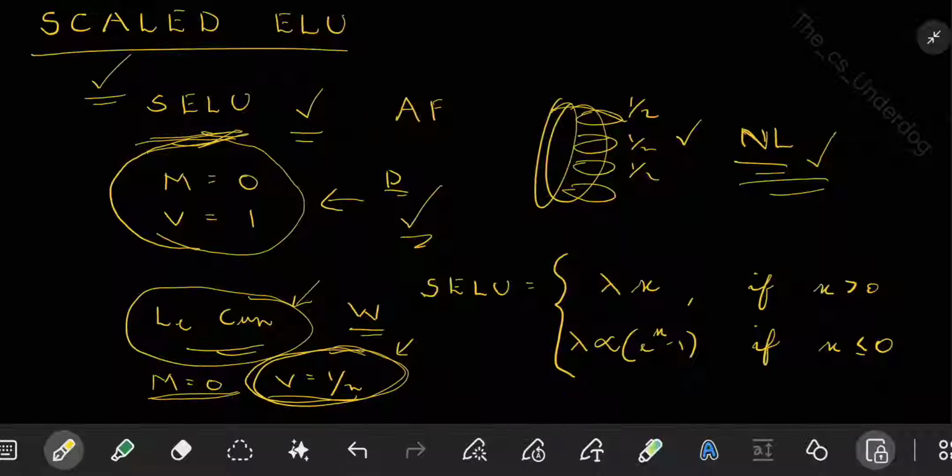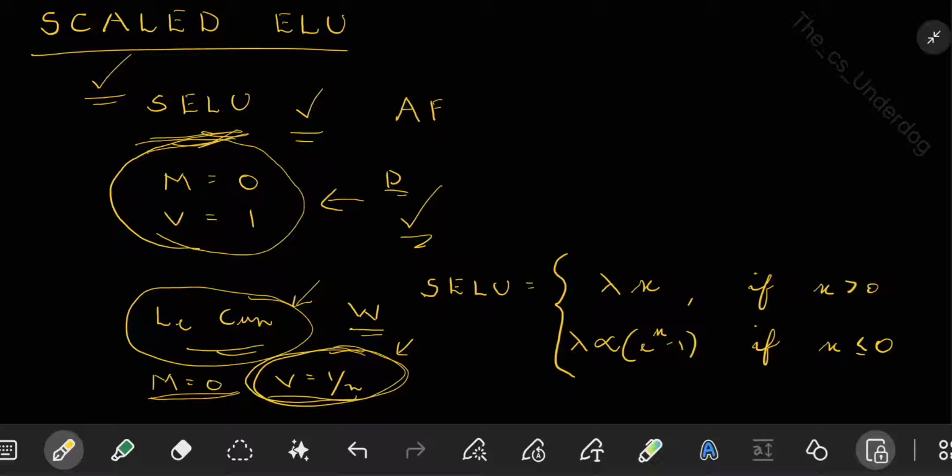This is very important, because if the property of normalization, that is self-normalization, has to work, then your lambda and alpha, both of these, should have some particular fixed values. So the values are, for lambda, you should be using 1.0507 as the value.